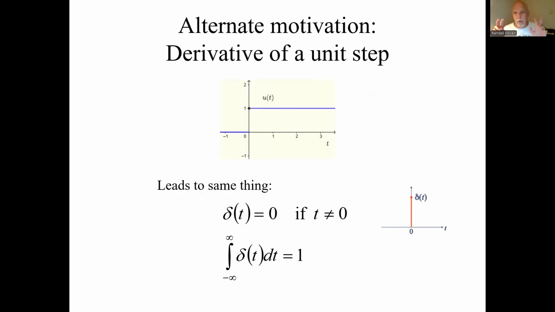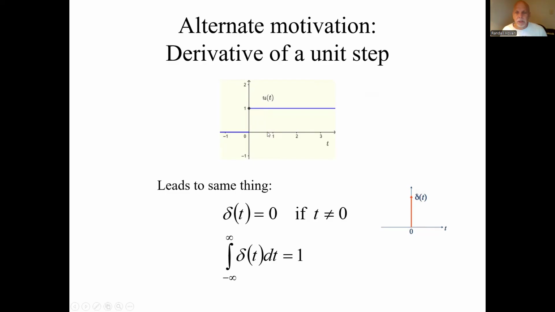An alternate motivation, or maybe just an intuitive insight: take the unit step function, which is this guy here. It's 0 for t less than 0, 1 for t greater than 0. What would its derivative look like? Well, it's flat everywhere except at 0. So if we call its derivative the Dirac delta function, it's 0 everywhere that t is not 0, with a slope straight up at 0.